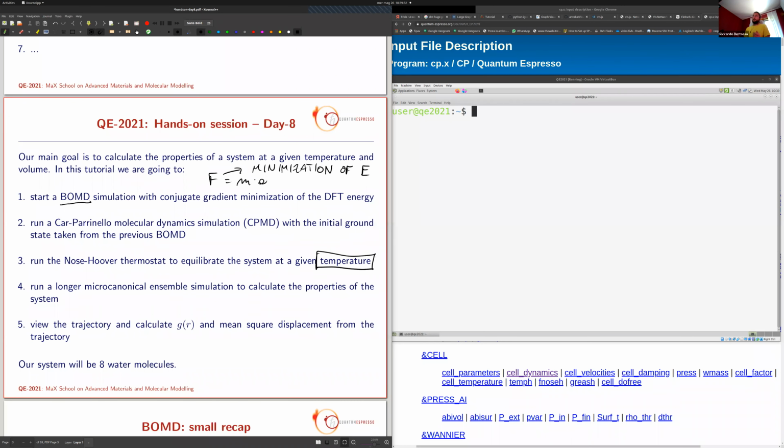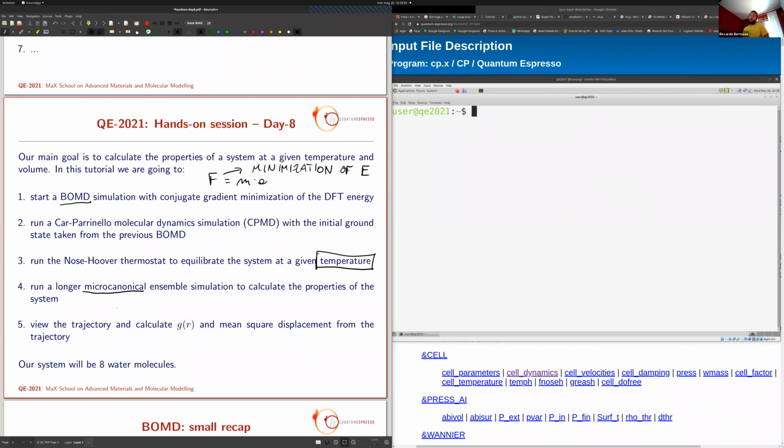We need to set a temperature. If we start with the Newton equation, as you saw before, the temperature is not given. We have a fixed energy, and the temperature is what we get. So we have to equilibrate with the Nose-Hoover thermostat. After that, we will see that the system is equilibrated at the temperature, and we are able to run a longer microcanonical simulation.